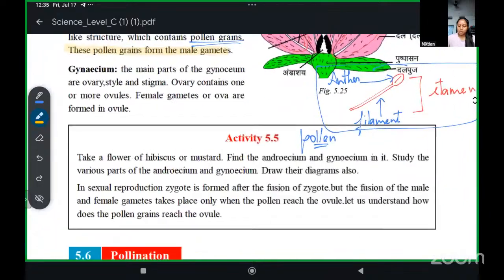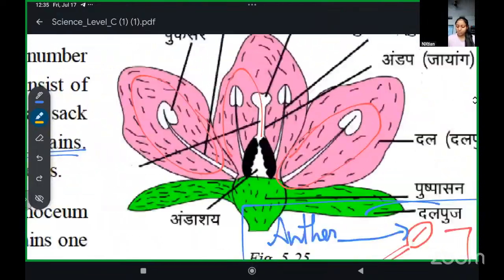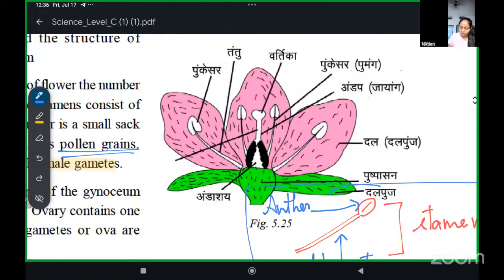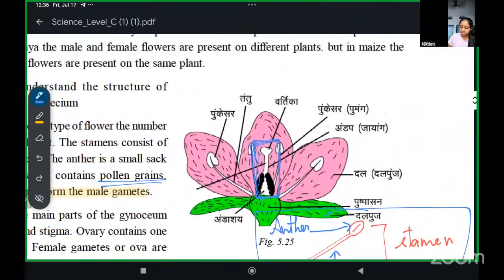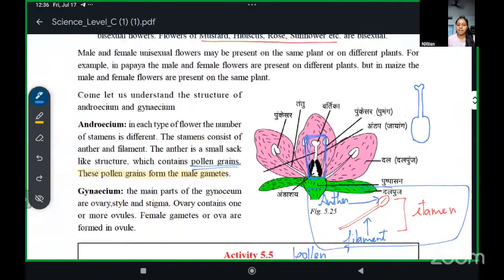Then we have gynoecium. You can see in this diagram this center portion. This is the female reproductive part of the flower, the gynoecium.